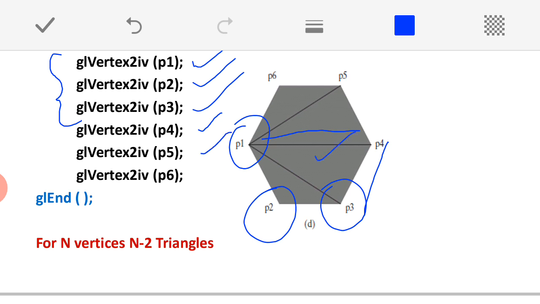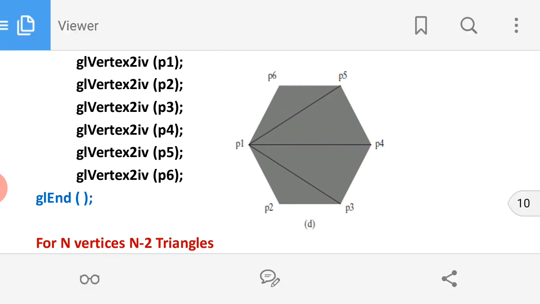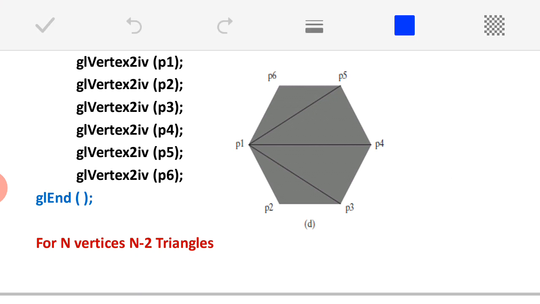Then I define P5. Automatically P1 to P5 and P4 to P5, and I get another triangle. Then P6, which gets joined, P1 to P6 and P5 to P6, and I get another triangle. Like this, the very important nature of GL_TRIANGLE_FAN is that I can keep creating triangles.